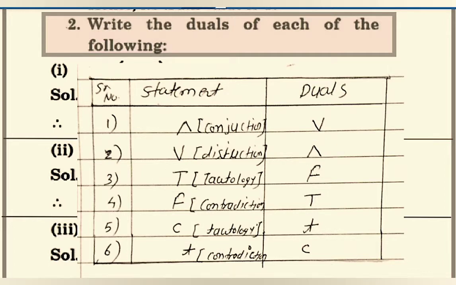And if T means tautology, then its dual is F. And when F is in the statement, then its dual is T. And when in the statement capital C means contradiction, then it is replaced by small t. And when small t is in the statement, then it is replaced by small c. Small c means contradiction. Correction here: this is contradiction and this is tautology.